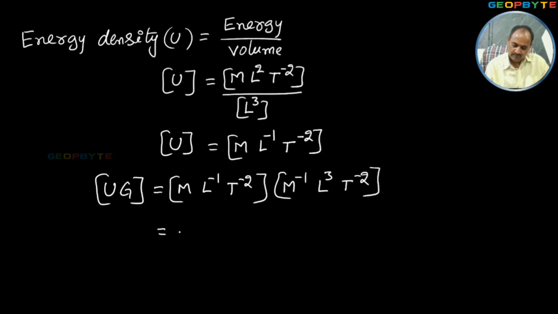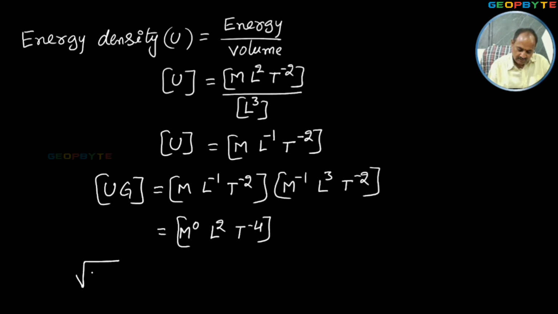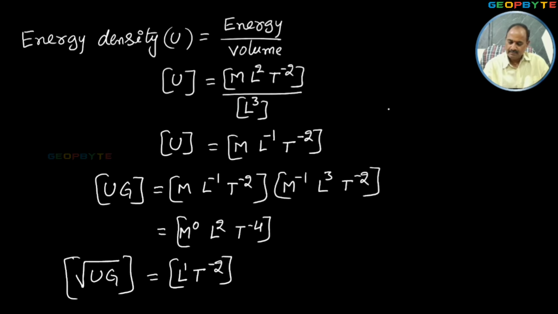So it is equal to M power 0 L power 2 T power minus 4. This is the UG dimensional formula, but he is asking root over UG dimensional formula. Here it is L power 1 T power minus 2. This is the root over UG dimensional formula.